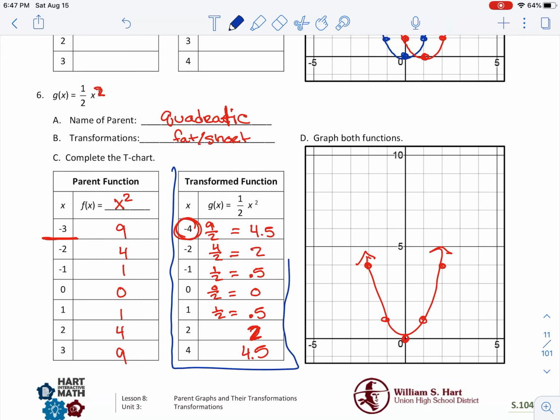All of this should have been written in blue pen. Sorry about that. So I'm just halving it.